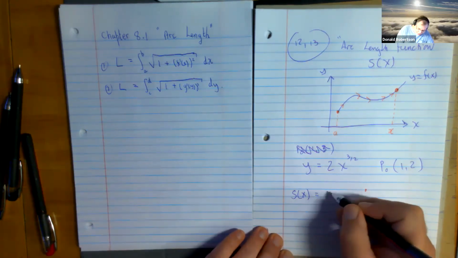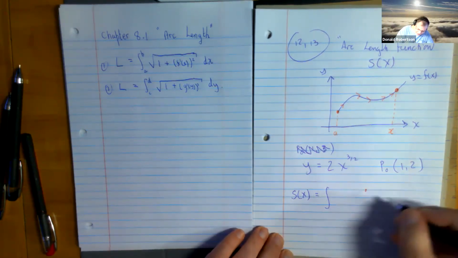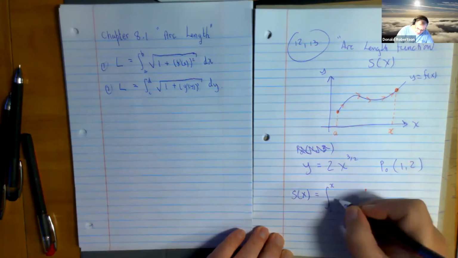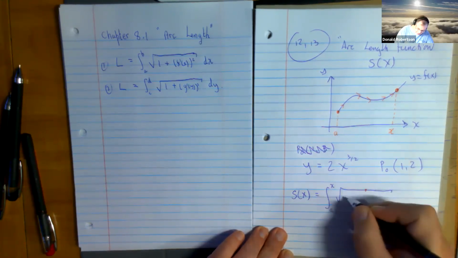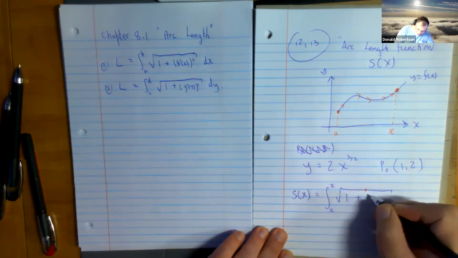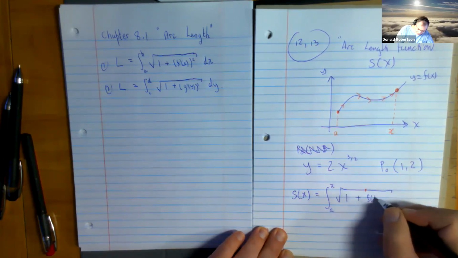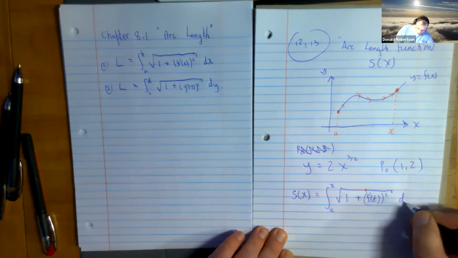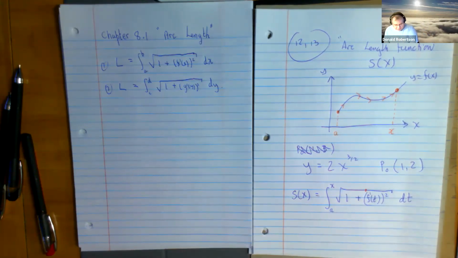So what you do is you just basically remember this thing. It goes from A to x, the square root of 1 plus the derivative function squared dt. And you think, where in heck did this dt come from?